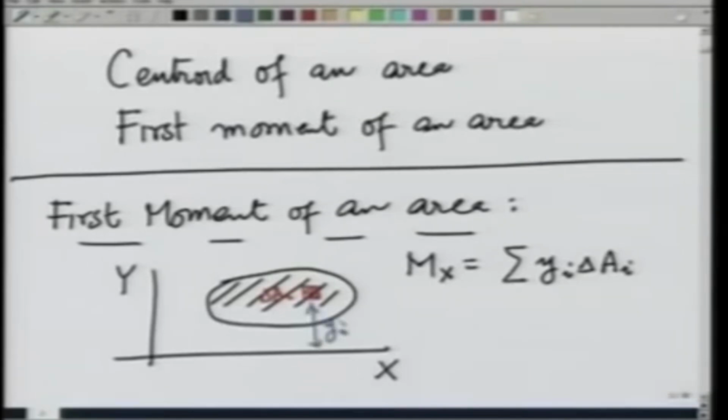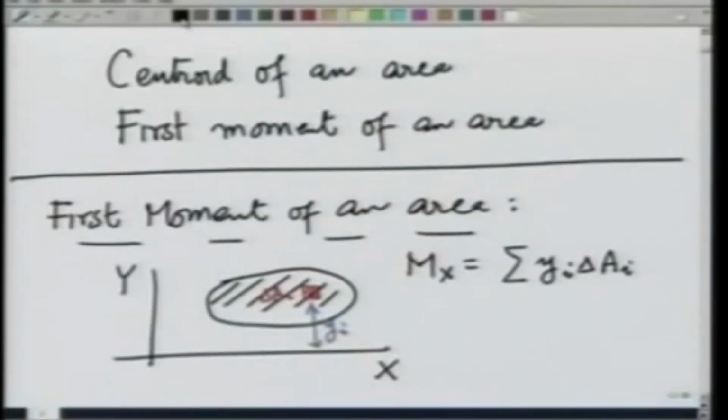So, what am I doing? I am taking a small elemental area delta A_i and multiplying it by the distance from the x axis and summing it up. In a continuous distribution, you know from your course in calculus, this is nothing but integral of y dA. That is the first moment about the x axis.